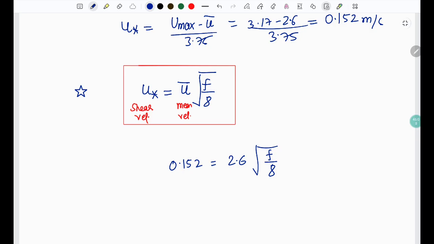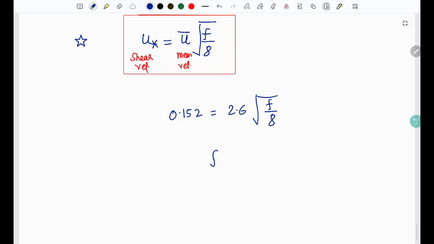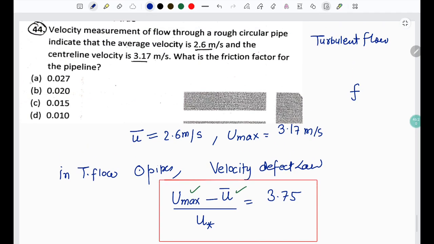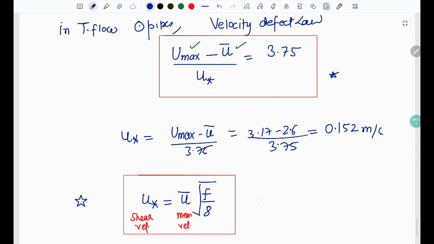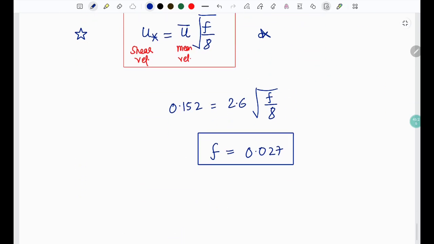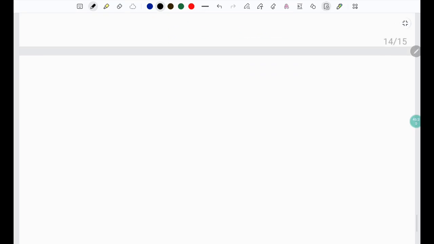We just had to find out the friction factor. This will come out to be 0.027. Hence A is the correct answer. So these two formulas were involved. I was not aware of these because I had not revised turbulent flow. Let's move on to the next question.